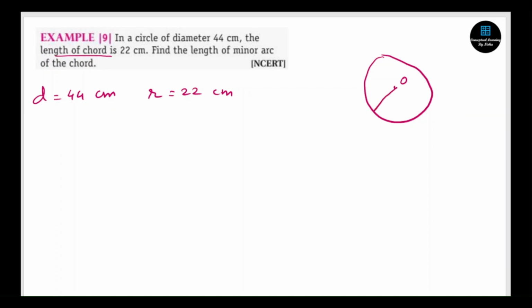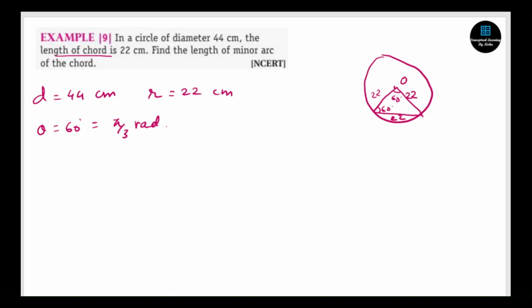Radius is 22 and this chord is 22. So this is an equilateral triangle, meaning all angles are 60 degrees. So this angle is 60 degrees. Alright, so we got theta. Theta is equal to 60 degrees, which is nothing but pi by 3 radian.